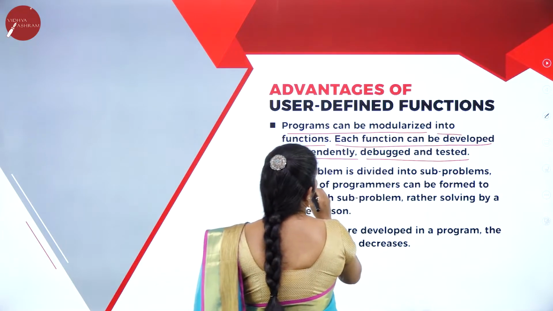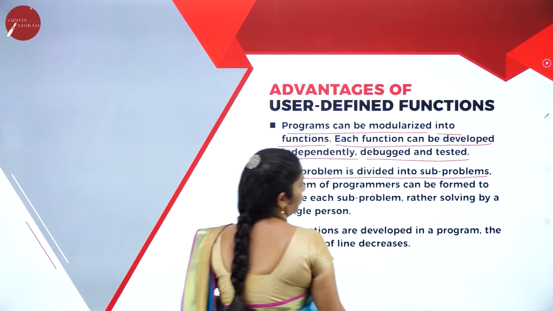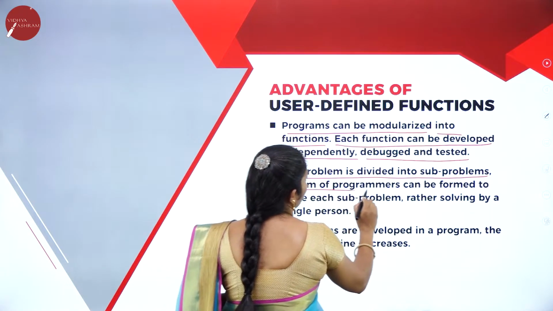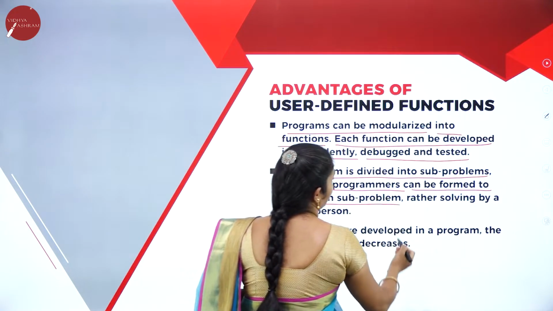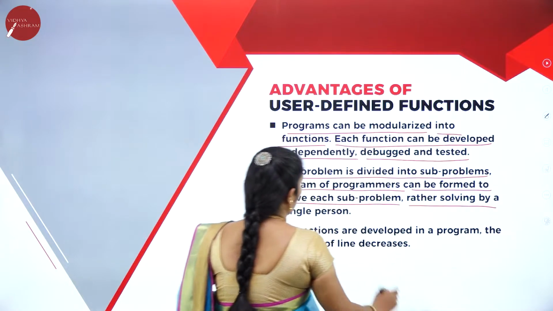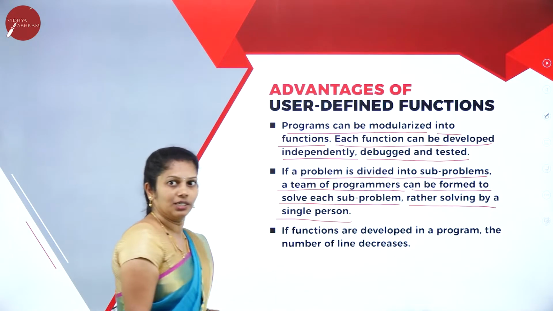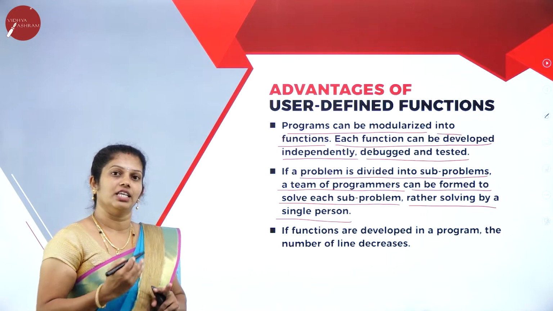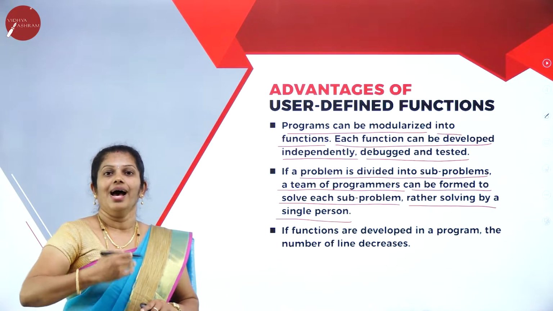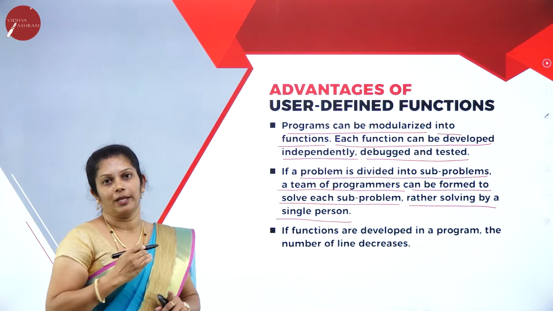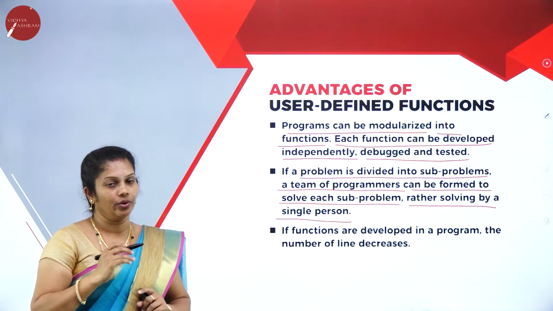If a problem is divided into sub-problems, a team of programmers can be formed to solve each sub-problem, rather than solving it by a single person. If I'm not going to divide that problem into small units, then what happens? Only one person has to take care of the entire work. Then time consumption will be more.